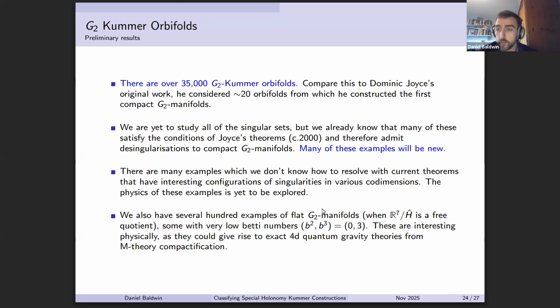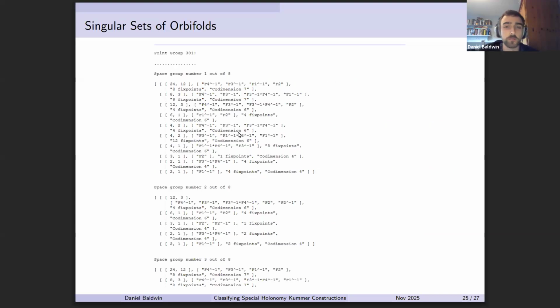Well, largely we don't know because it's not known, but we know that codimension 4 singularities, ADE singularities, give rise to non-abelian gauge symmetries, and it's known for some particular conical codimension 7 singularities that you get chiral fermions.